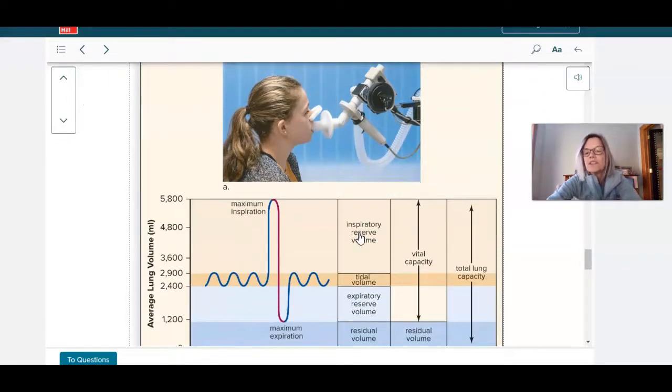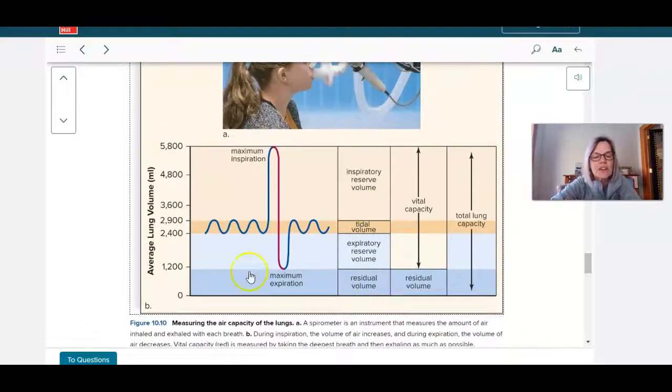If we were to do this in lab, I would ask you to take your absolute deepest breath and then measure what's coming out. That absolute maximum amount of air that I can move out of my lungs would be equivalent to the vital capacity.